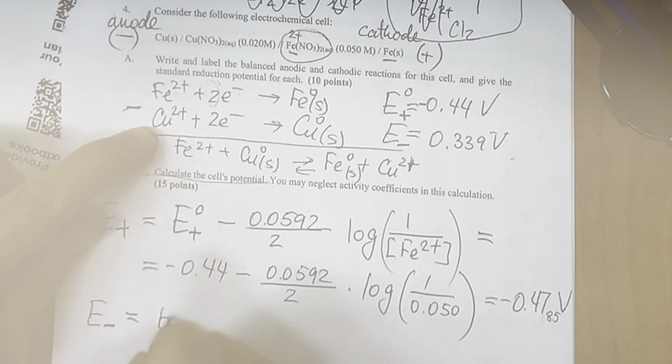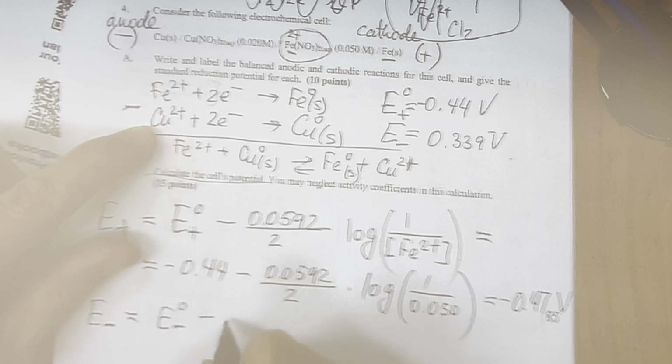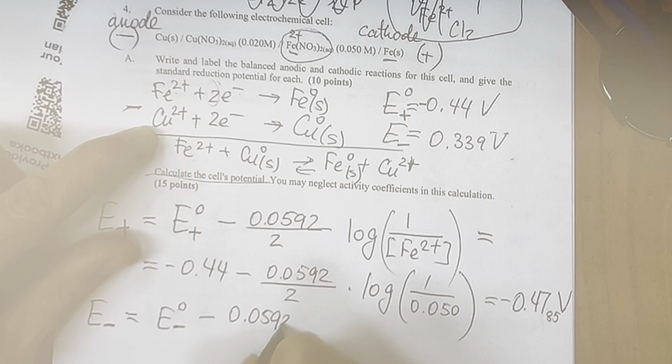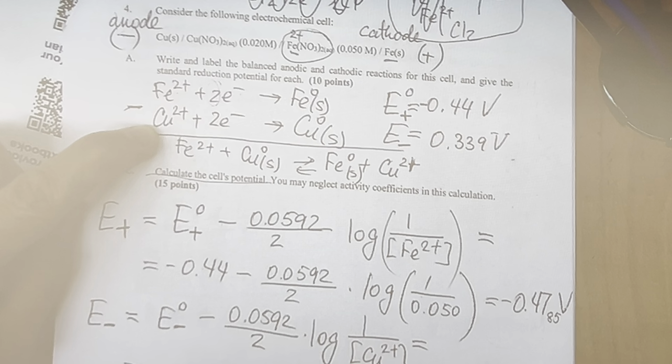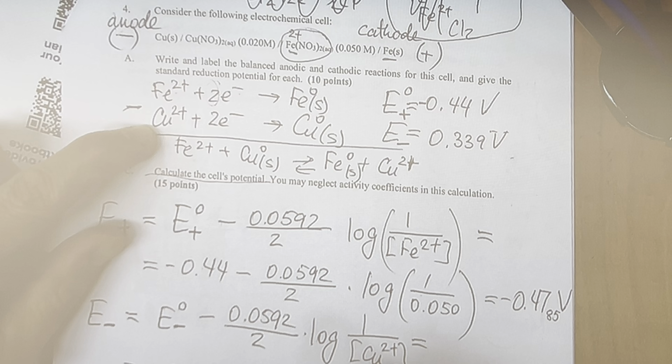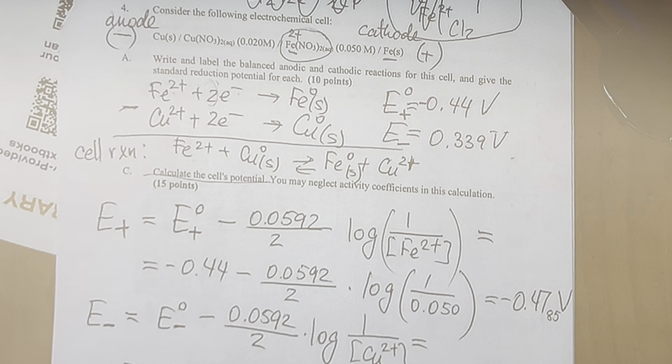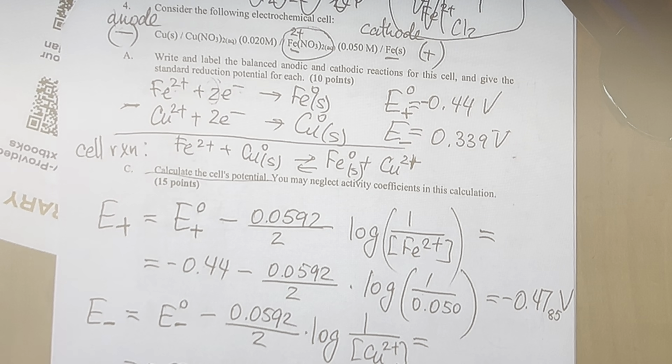So standard potential for the anode minus 0.0592 divided by 2 times log of 1 divided by copper 2+ concentration. So the standard potential was positive 0.339 minus 0.0592 divided by 2 times log. What do we have for copper concentration? 0.02. Yes.